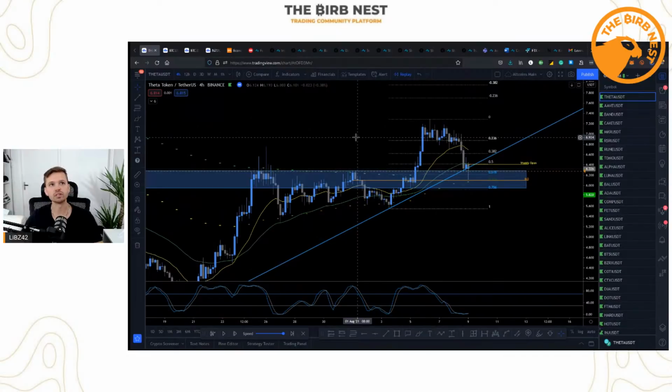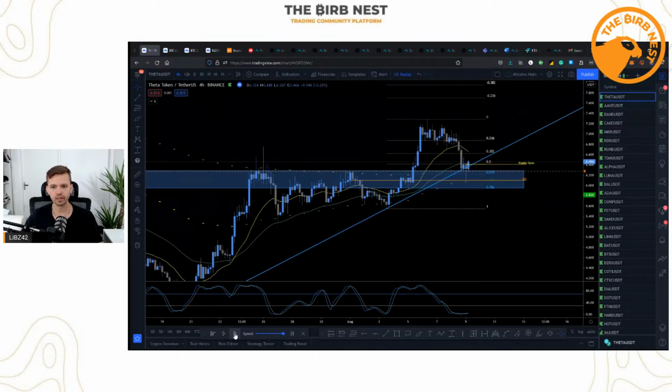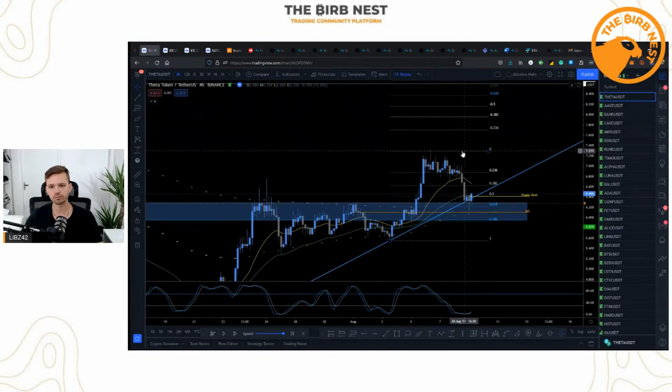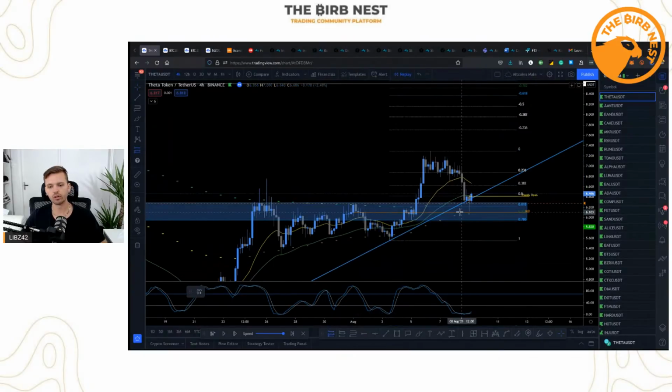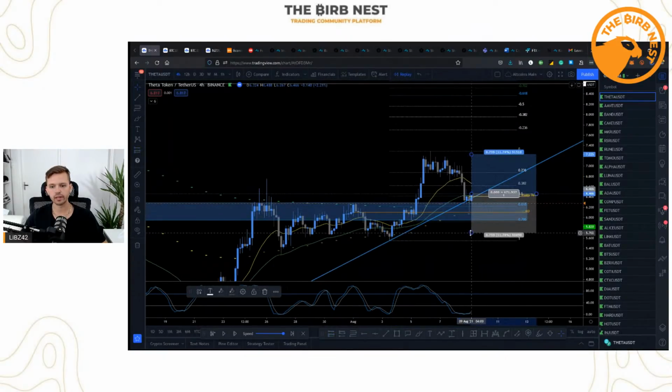Now the entry trigger is going to be a 4-hour bullish engulfing with a stochastics bull cross. And there you have it, a 4-hour bullish engulfing. When this one closes, you have a stochastics bull cross. So I would enter on the candle close right here, and stops would be below the daily 20 EMA because these make sense.